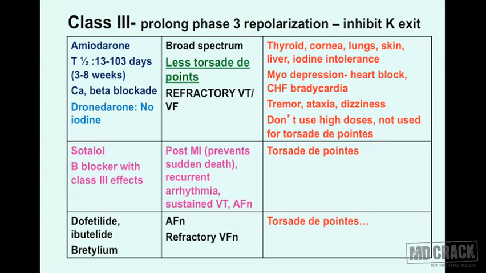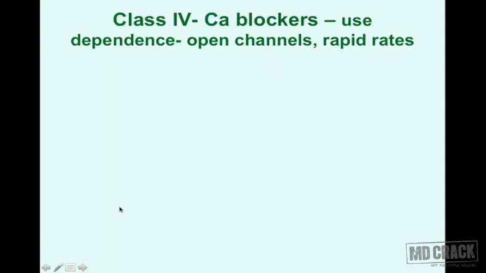But this is a broad spectrum antiarrhythmic agent, should not be used in high doses, should be used cautiously for refractory ventricular tachycardia and ventricular fibrillation, and has the least likelihood of producing Torsade de Pointes arrhythmia compared with its other colleagues in this class. And the class 3 group also has sotalol and other agents. So that's class 3.